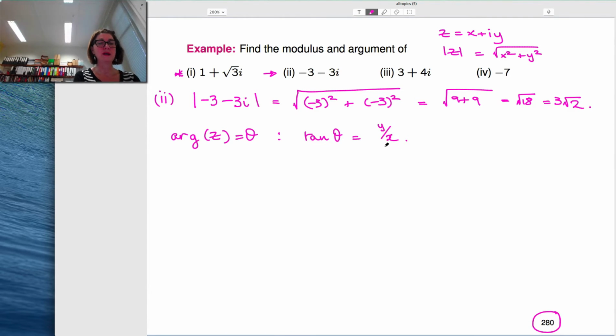So our y here is... so don't forget to draw yourself a picture before you start doing that. So our complex number -3 minus 3i is down in quadrant 3.